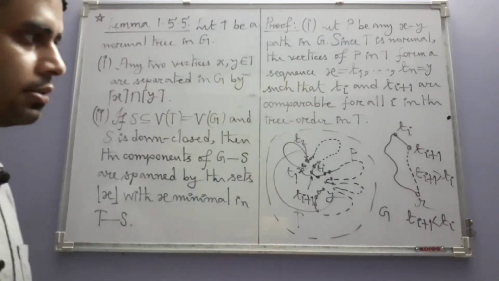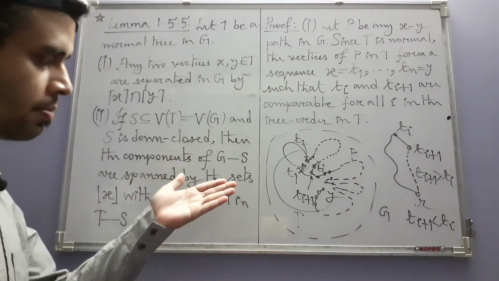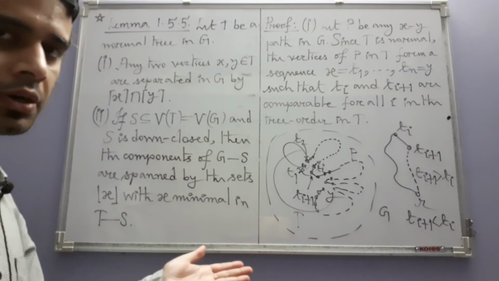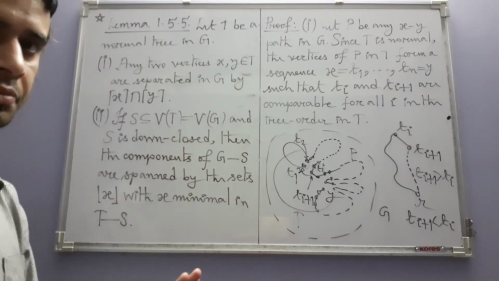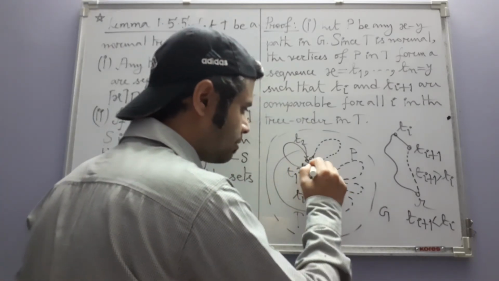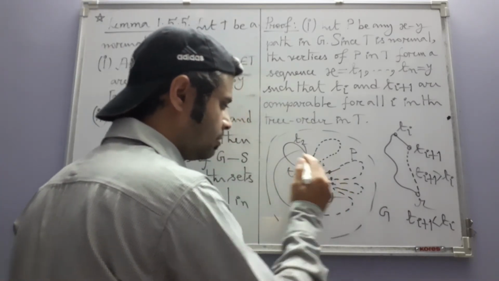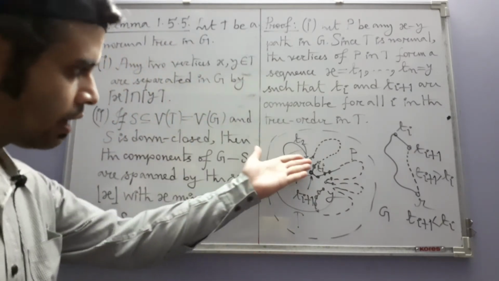Whatever the case is, in any rooted tree, with respect to the tree order, the ends of any edge are comparable. So any Ti and Ti plus 1 that have been joined by an edge between them which is a part of the tree are comparable.